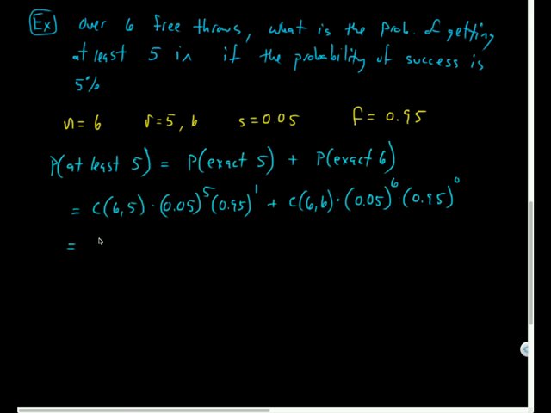And I ended up with 1.78125 times 10 to the negative 6th. So highly unlikely. And then to that I'm going to add combo 6, 6 is 1. But once again, I'll calculate this individually. 0.05 to the 6th power times 1. Here I get 1.5625 times 10 to the negative 8th.